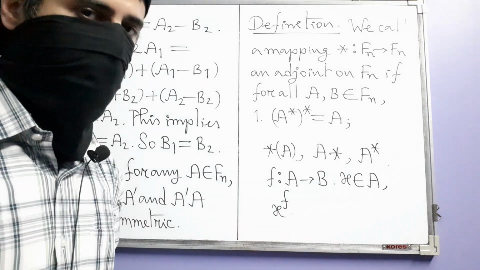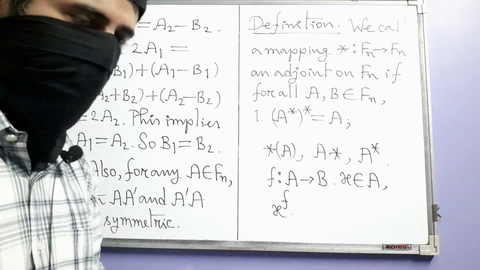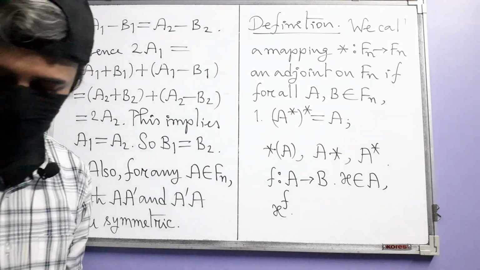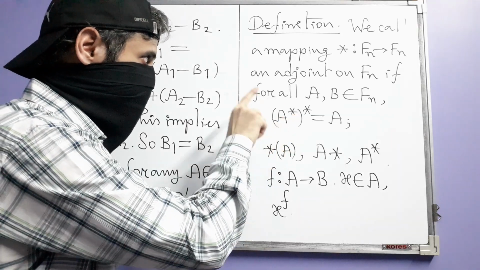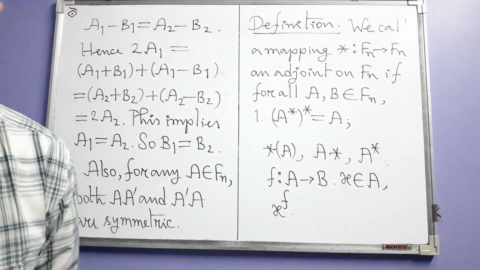Some people use this also. This is very uncommon, but it's still there. So in that sense, this notation has been used. A star means the image of A under the function star, so it will be another matrix.